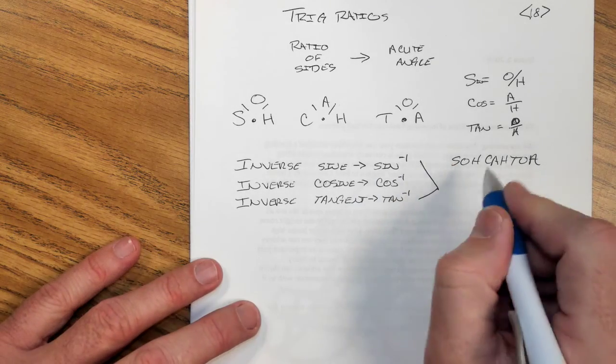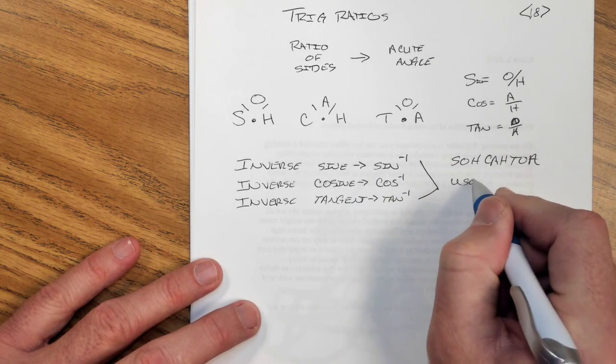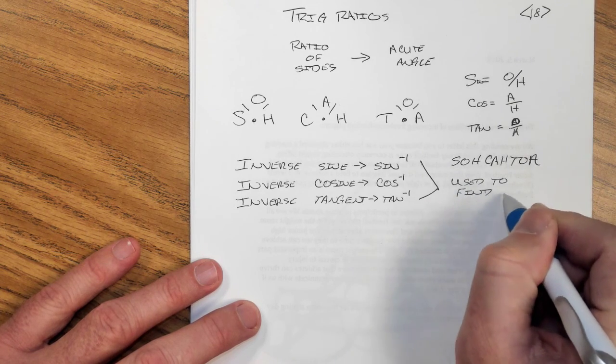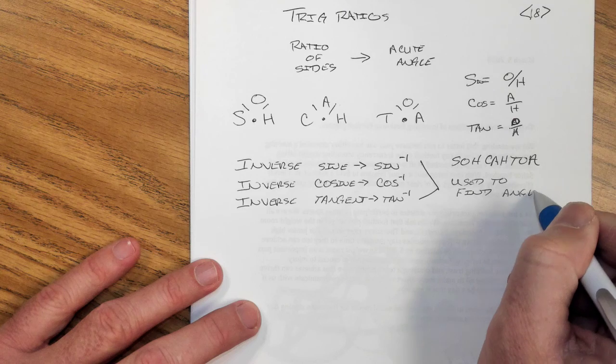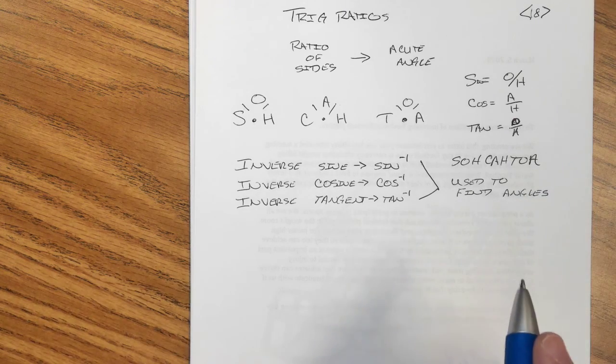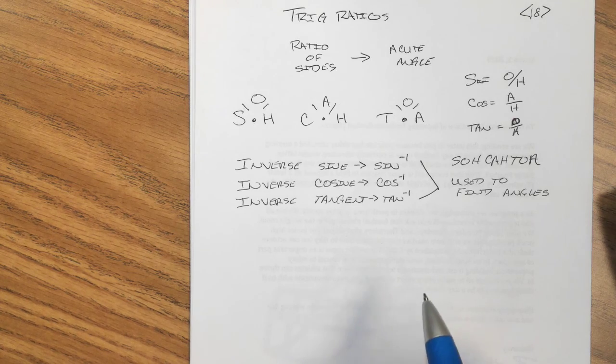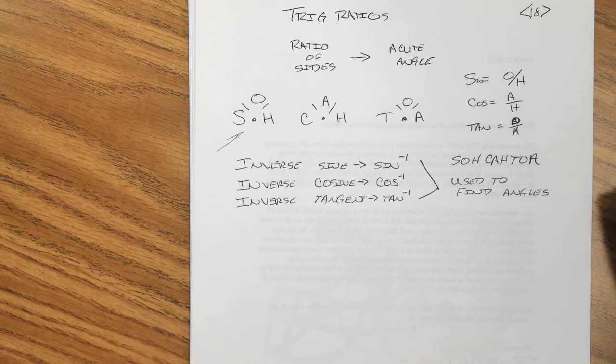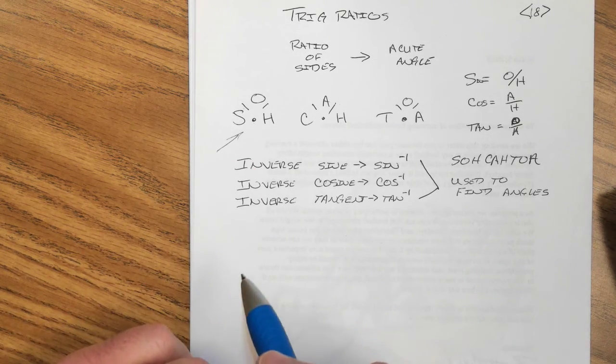Those are used to find angles. I'm going to go back to the triangles and show you how they work. Pretty easy for us, and then we'll apply it when we try to find angles.